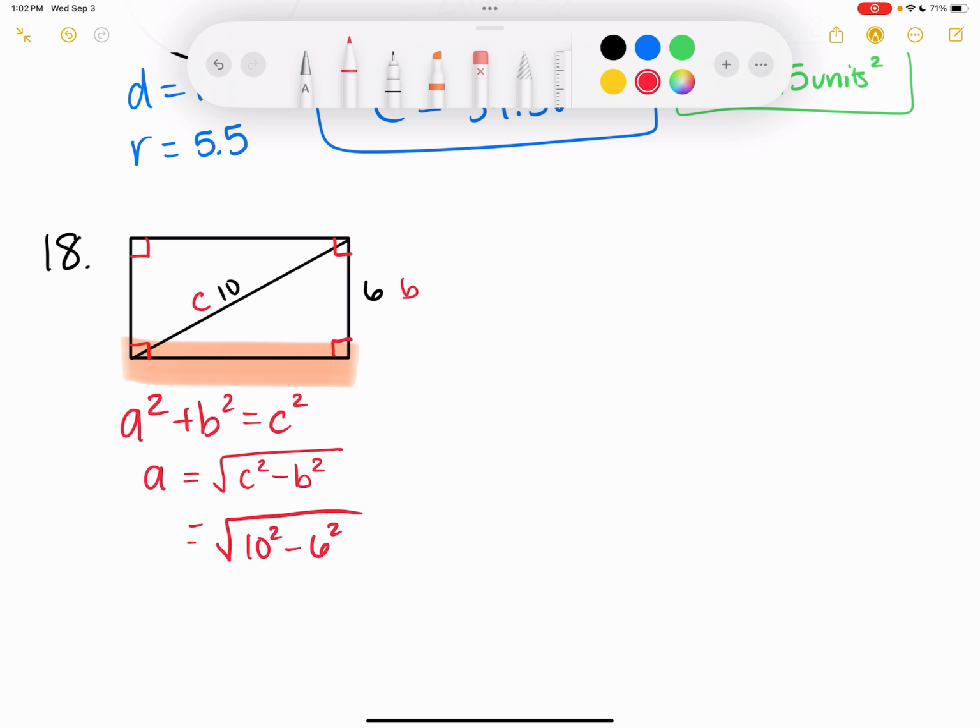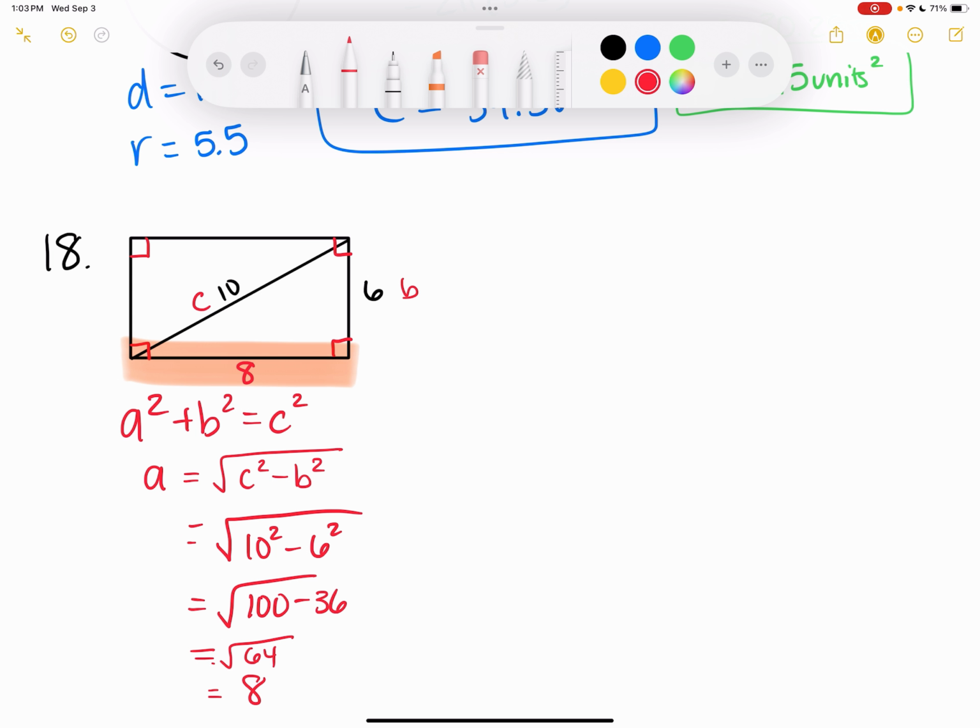What's 10 squared? 6 squared. And 100 minus 36 is? 64. Square root of 64 is? 8. So that means that this side right here is 8. Okay? So the only thing that the 10 was used for was to help me find the other side.